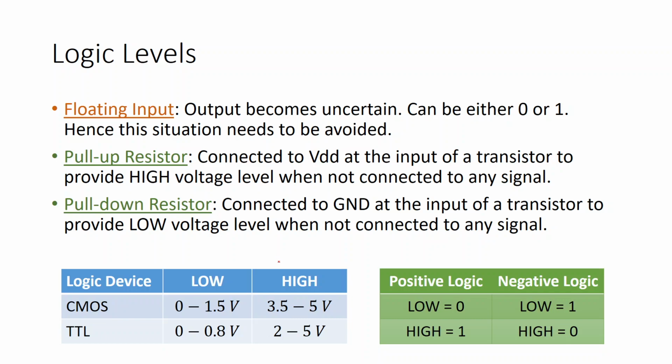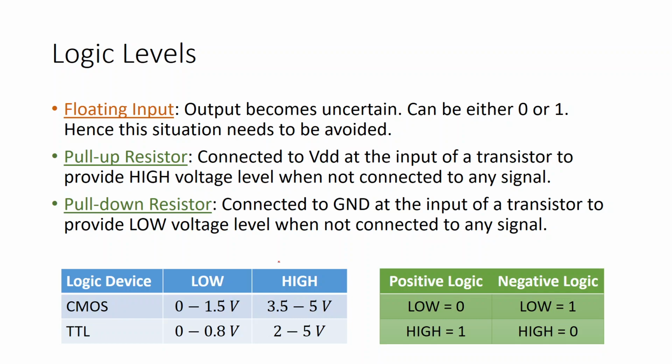The input is floating, we don't know what exact voltage is there, and since these are very sensitive devices, due to any electrical or electrostatic disturbance, some charge may accumulate at the gate, and it can recognize it as some high voltage, or as some low voltage, and this recognition can also keep on changing.